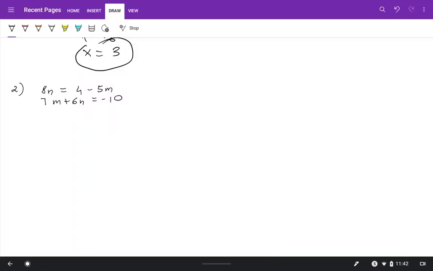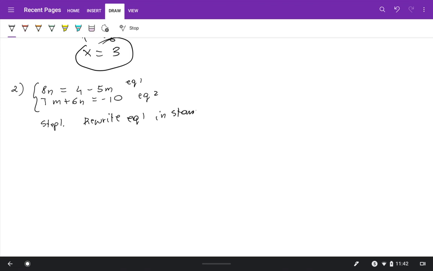Okay, so in this case, equation 1 is not in standard form. So what you want to do in example 2 is rewrite equation 1 in standard form.